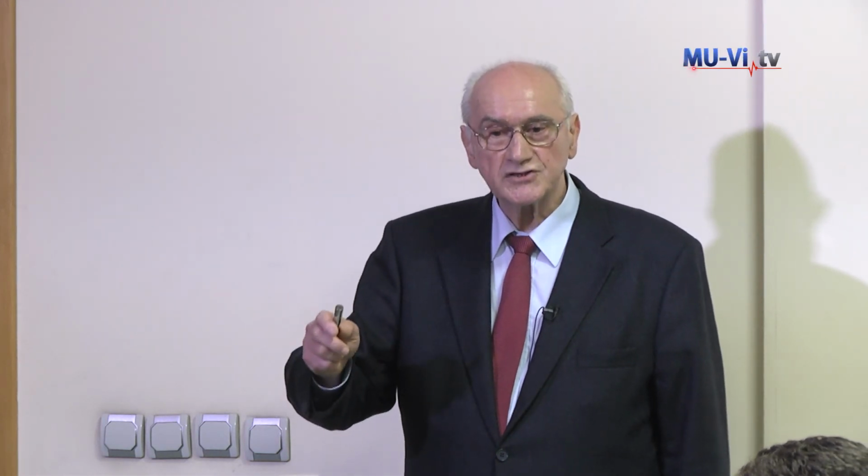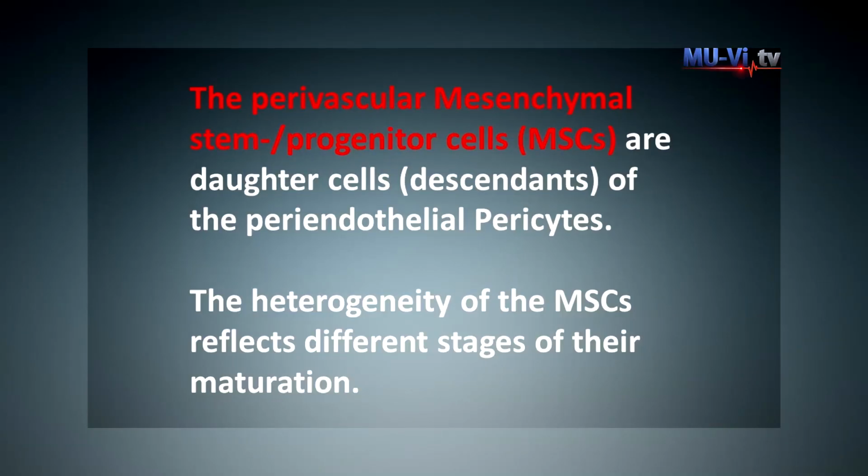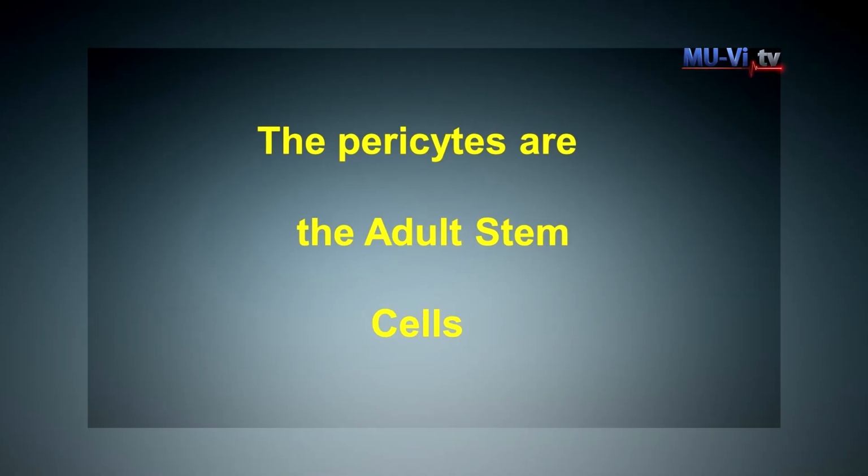If such a cell differentiates, it loses a lot of its pluripotency and becomes the end stem cell, which is typical for the organ from which the pericytes are isolated. In other words, we think that the pericytes are the adult stem cells, and this, I hope, will be confirmed in the near future also by other scientists.